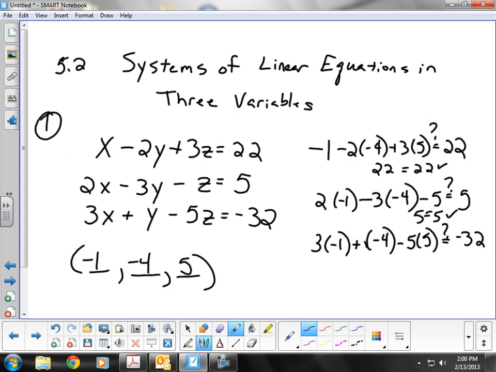And -3 minus 7 minus 25, yep, -32 is equal to -32. So the answer is that yes, this is a solution. Okay, that's objective 1. That's all there is to it. Be very careful with those signs.